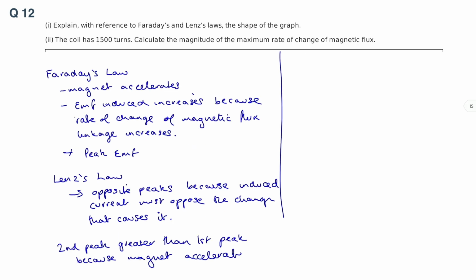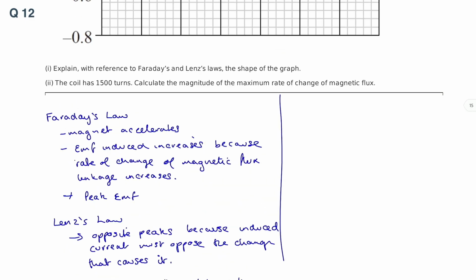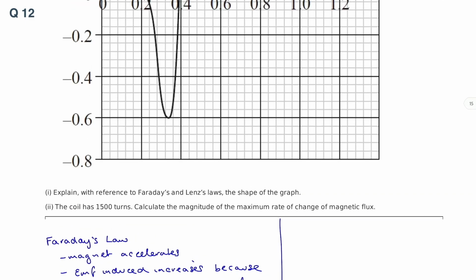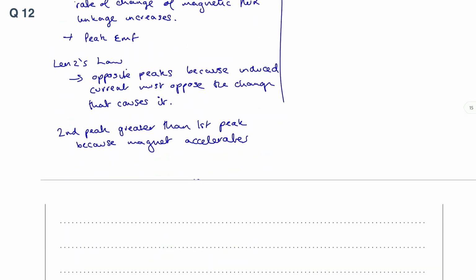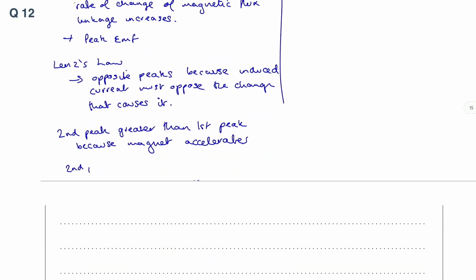And if you notice, the first peak is just under 0.2 seconds wide, and the second peak is much less than that. So we can also say the second peak is narrower than the first peak for the same reason, because the magnet accelerates.